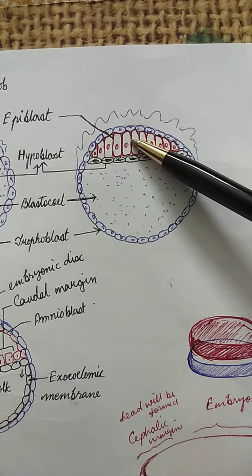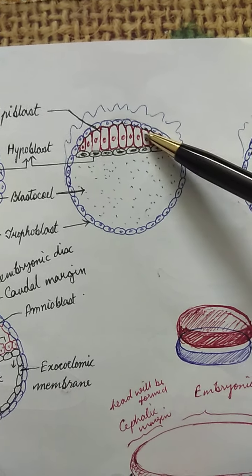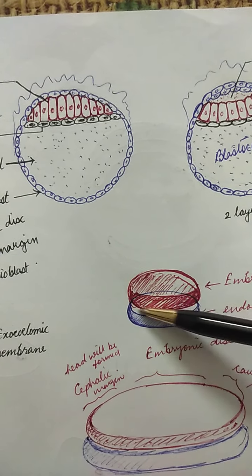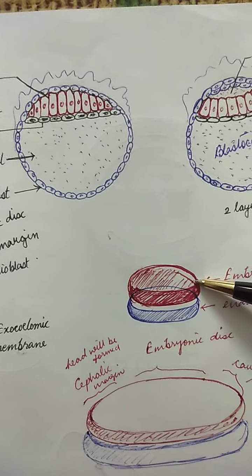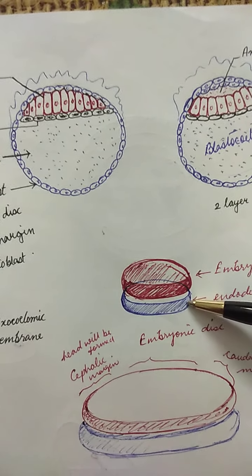The epiblast is now known as embryonal disc. It just looks like a disc. We can see the structure here. This is the embryonal disc which gives rise to the embryo, and this is the endodermal layer.